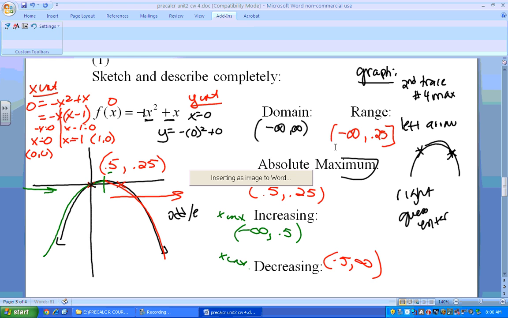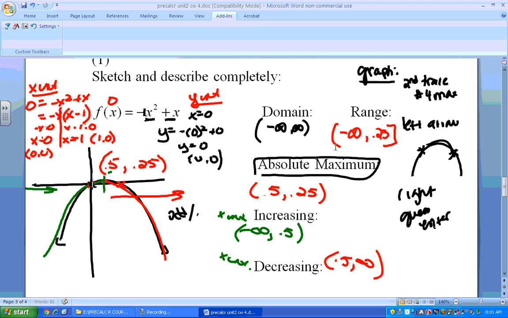So we take the x and substitute in a negative x. We want to see if we come back to the same one, it's even. If every sign is different, it's odd. So we take this like this: negative of negative x squared plus negative x.